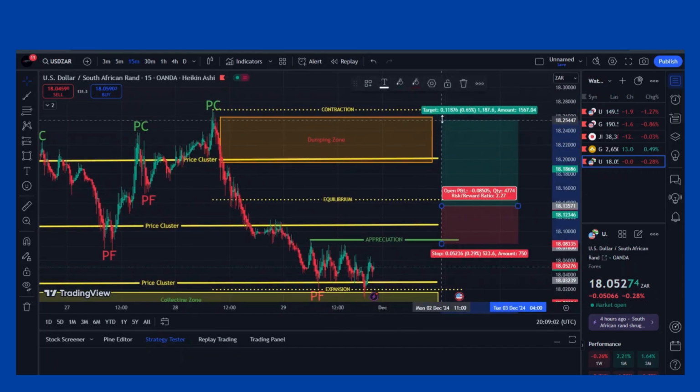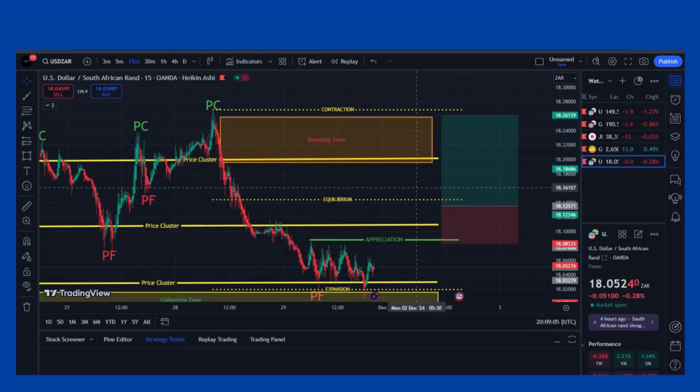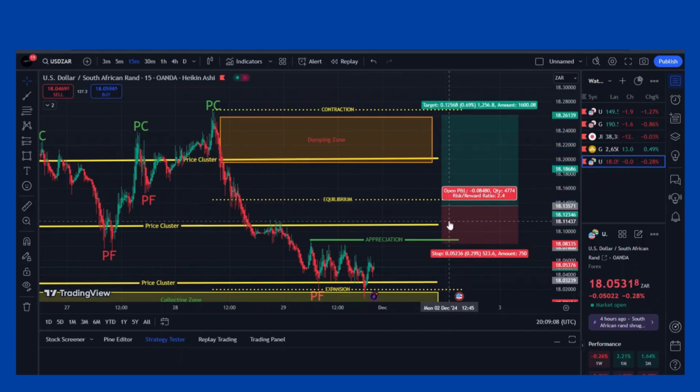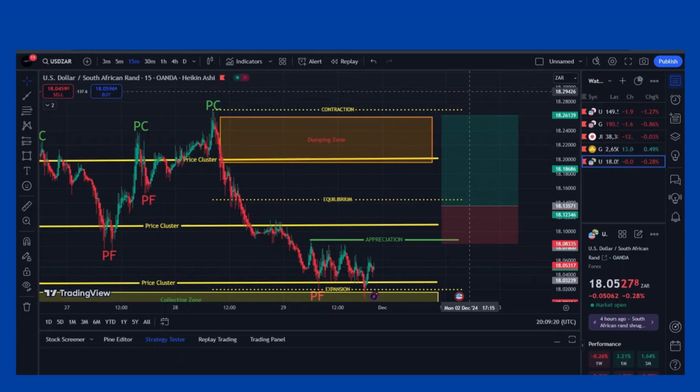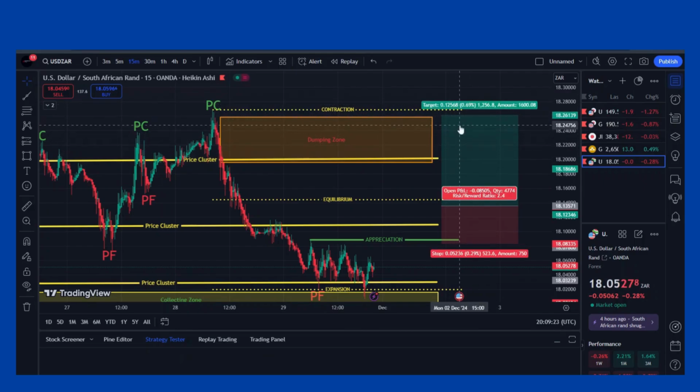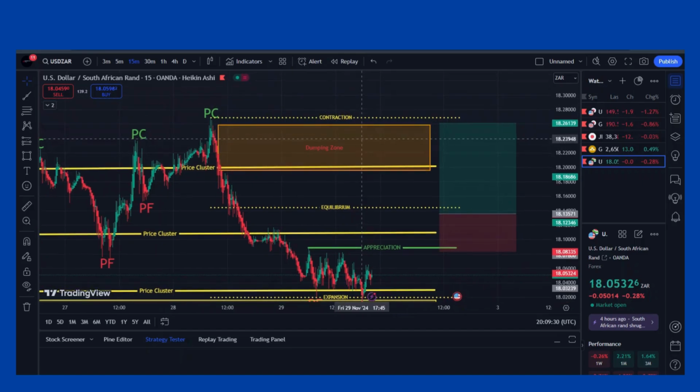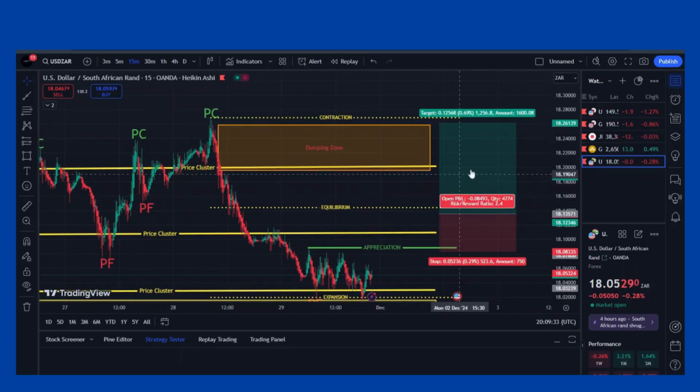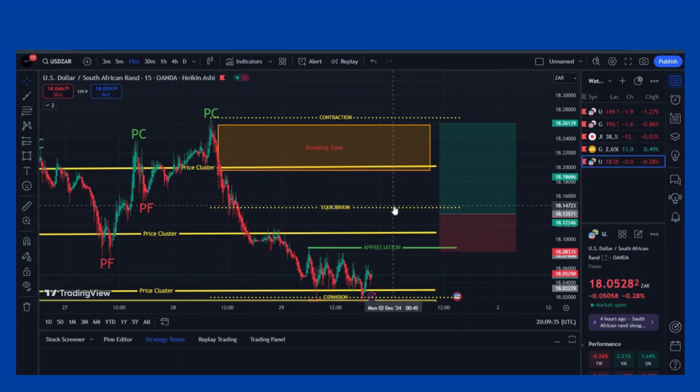From there, I wait for price to form the appreciation level and depreciation level. On the depreciation level, I look for sells. On the appreciation level, I look for buys. I always look for a buy when the price is in the expansion zone, and I look for a sell when the price is in the construction zone, depending on the momentum shift, which is indicated by fundamental analysis.